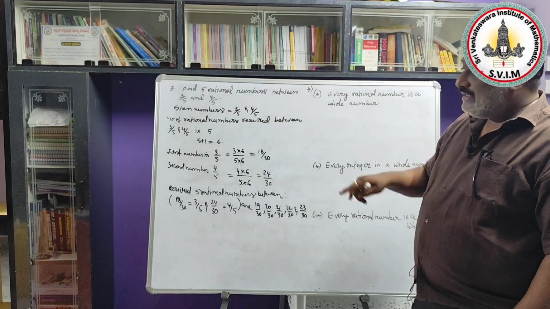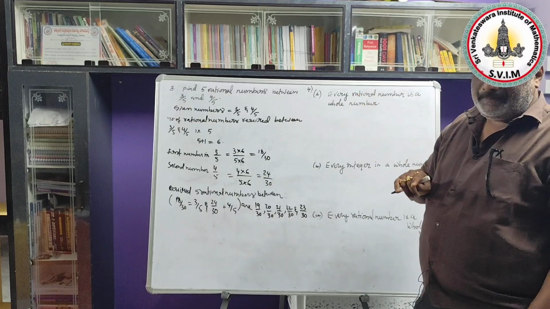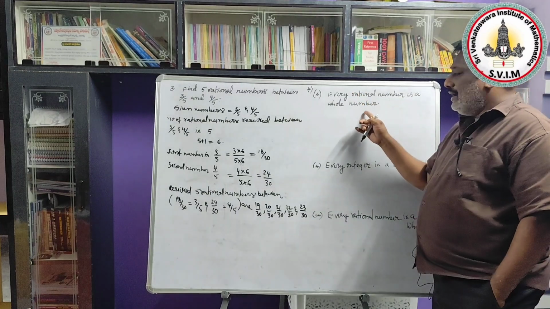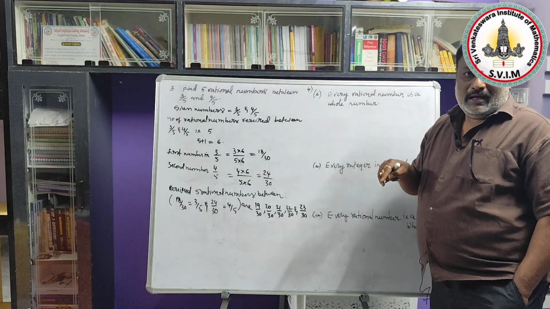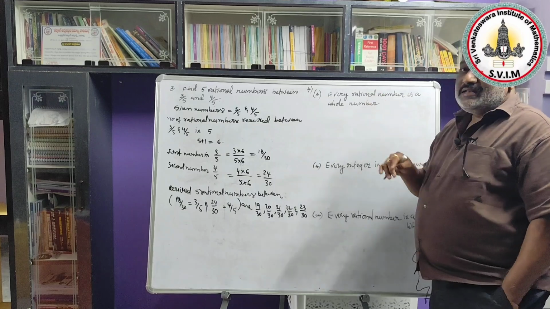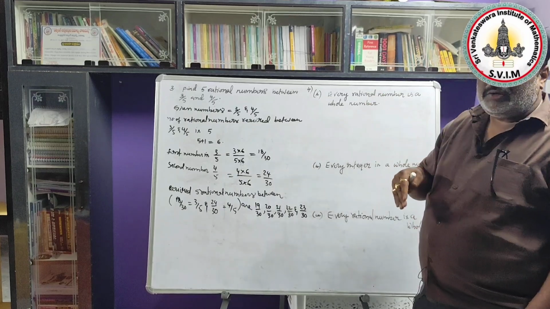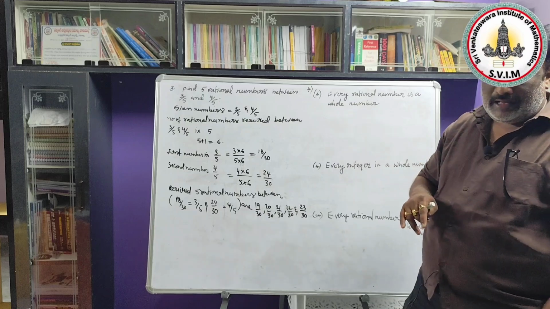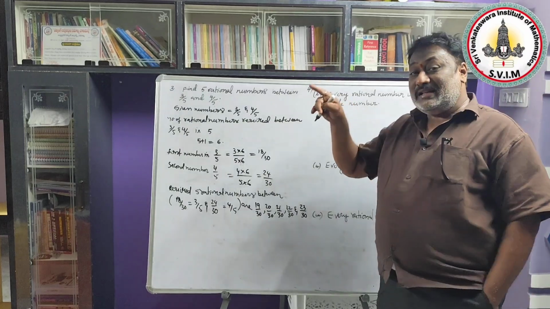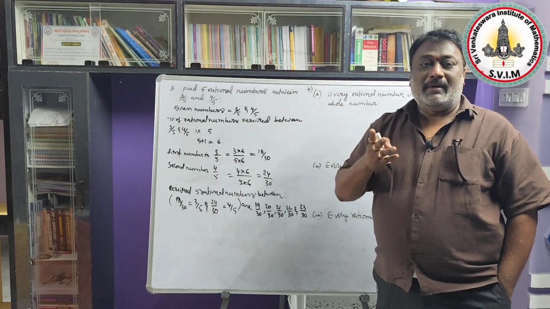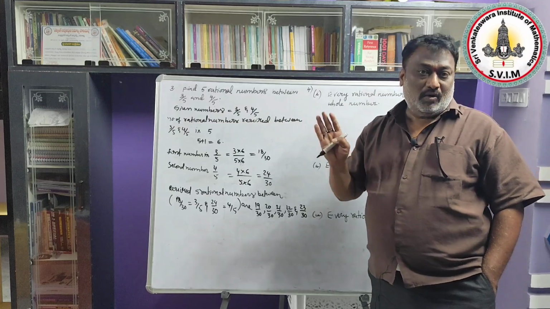But if you consider 0, it is a rational number and also a whole number, so here it is true. And if you consider the rational number 5, yes, 5 is also a whole number. And if you consider minus 7, it is a rational number, but minus 7 is not a whole number.